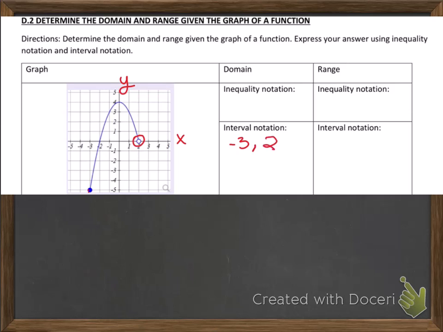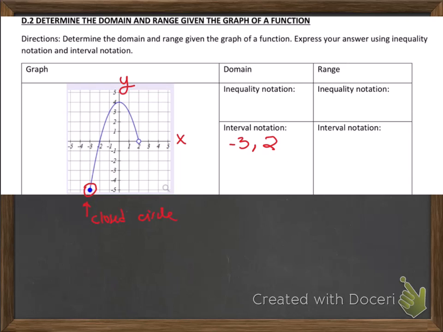So then we need to think about, are we including or excluding these endpoints? And if you don't remember how interval notation works, please go back and watch the videos that I posted to help you remember how that works. But basically, if we have a closed circle, that means we are including our endpoint.